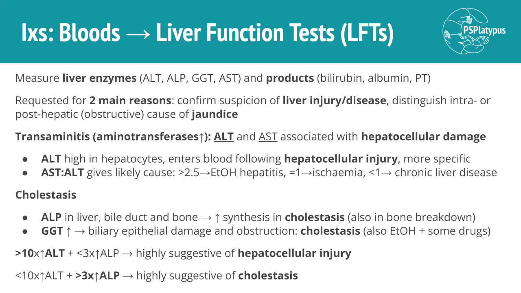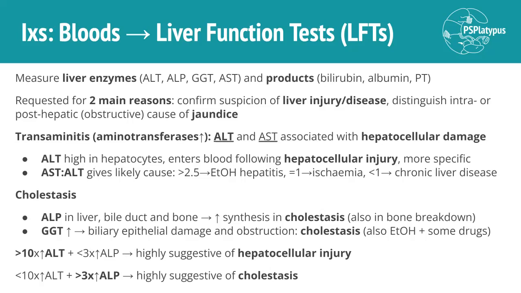Now, ALT is more specific. So we generally look at that more than the AST, but then we can compare AST and ALT to look at the likely cause. And you can read the slide here, but basically if AST is more than 2.5 times greater than ALT, then we're looking more at alcoholic hepatitis. If they're roughly equal, then we're looking at ischemic damage of the liver cells.